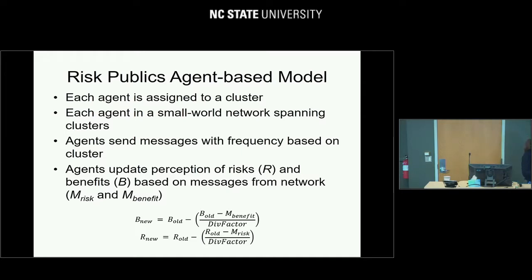And then we update perceptions of risks and benefits for each agent using these equations here, which capture your starting perception of benefit and risk, and then the messages that you've received about benefit and risk from other agents. And this div factor on the bottom there is a discount factor that basically weights more highly opinions from people like yourself.